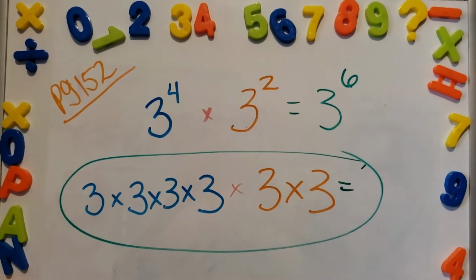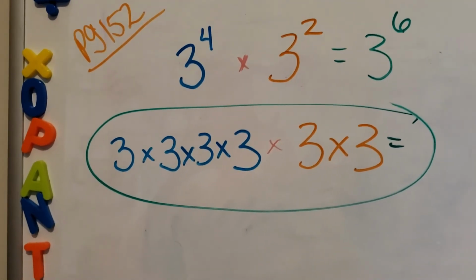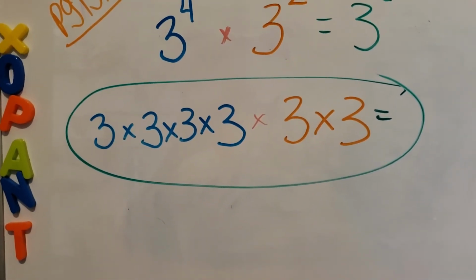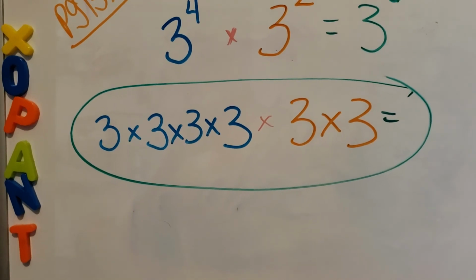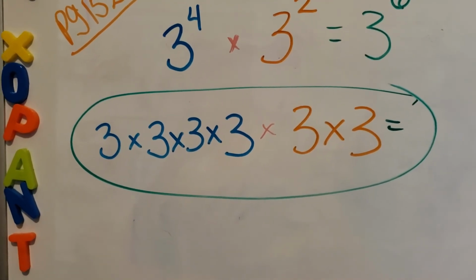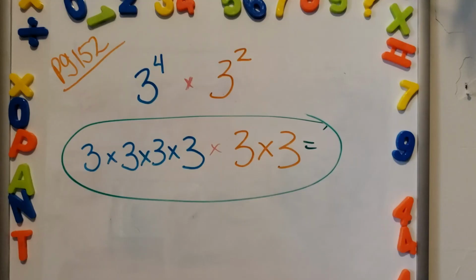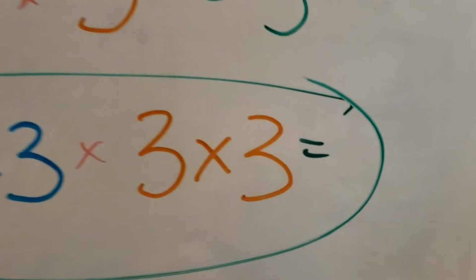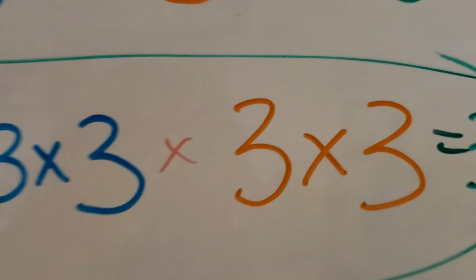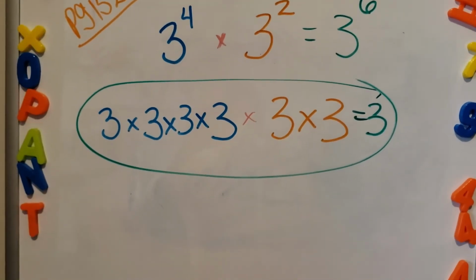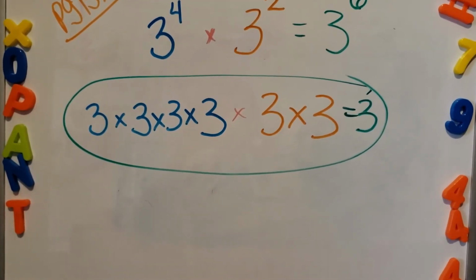And if you're wondering how that works, you could look at it the second way, which is that if we are multiplying 3 four times, and then we're multiplying 3 two more times, we're really just continuing to multiply 3, right? So if we're repeatedly multiplying a number, we can use that number as our base. The number we're repeatedly multiplying is 3. And the number of times we're multiplying it is going to be our final exponent.